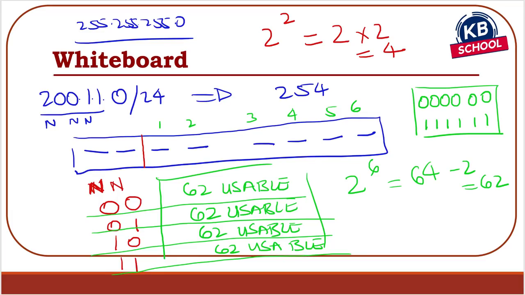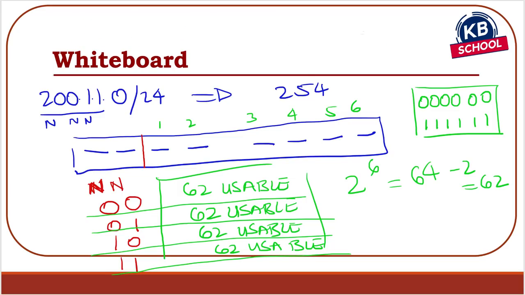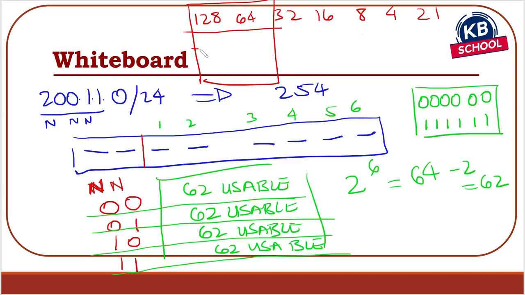So in this component, if I want to write the network address, remember the magic table that we talked about: 128, 64, 32, 16, 8, 4, 2, 1. Because I borrowed 2 bits on the network side, my 4 new networks are going to be created over here.